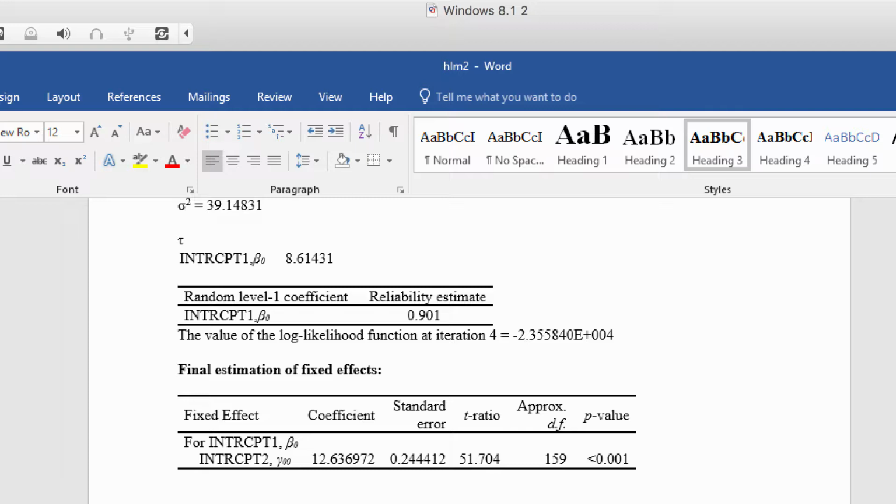When we form the ratio of between-school variability to total variability in math achievement, we see that about 18% of the variability is explained by between-school differences. So we have to account for that in our multiple regression analysis, and this is why it's important for us to use multilevel modeling to take the nested structure of the data into account.